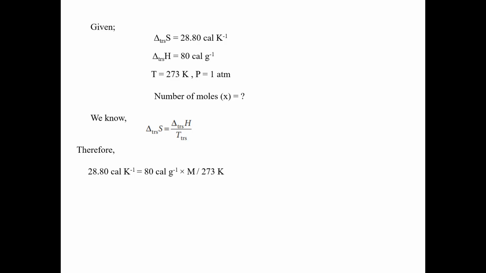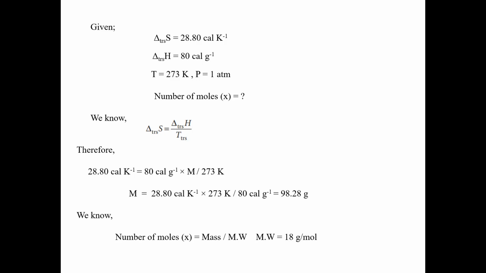So, we can write it as 28.80 cal per Kelvin equal to 80 cal per gram into M divided by 273.